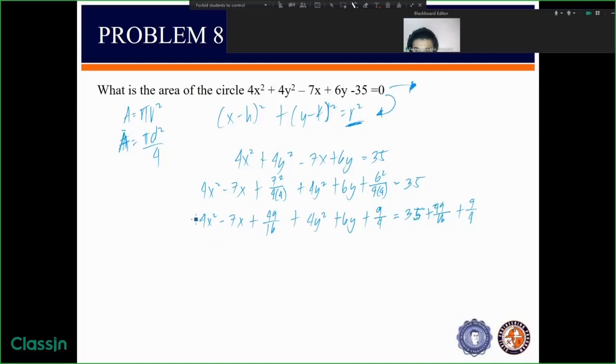Dito, i-divide ko lang both sides by 4, pagka ma-extract itong 4 dito. So, 1/4, mag-multiply lang ako ng 1/4.